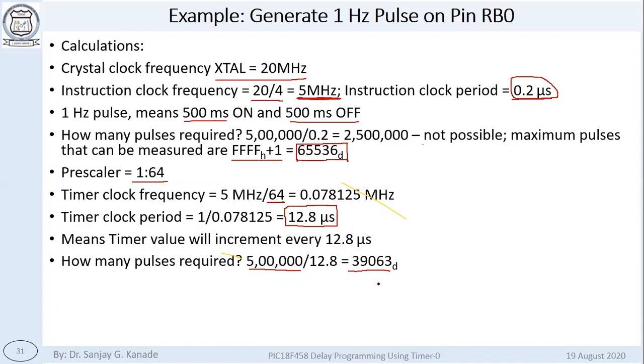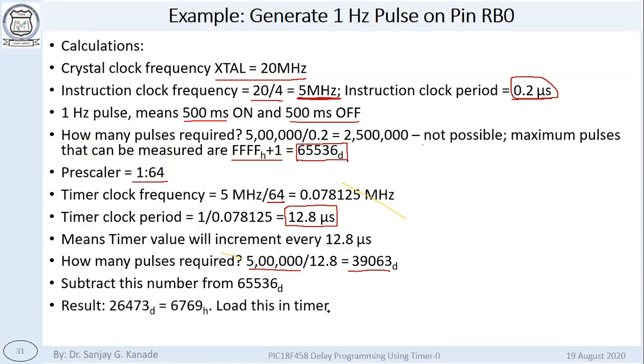So how to program this? We need to subtract this particular number, 39063, from the maximum number of pulses, that is 65536. So we subtract this number from the total number 65536, and the result is 26473.